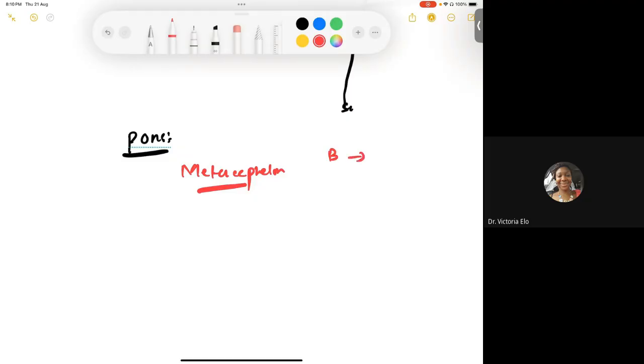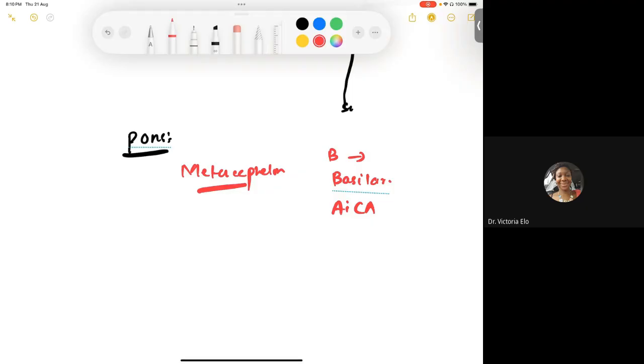If you remember, you have the basilar artery, and I told you the basilar artery gives some small pontine branches, right? Along with that, the anterior inferior cerebral artery, AICA, is also going to supply the lateral aspect of your pons.